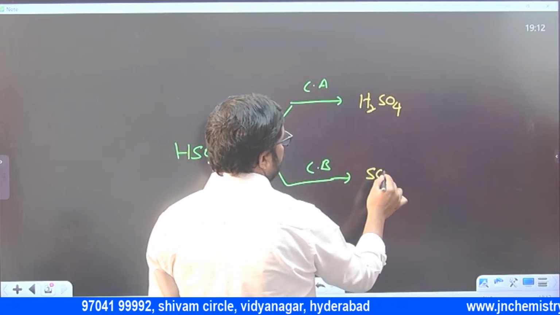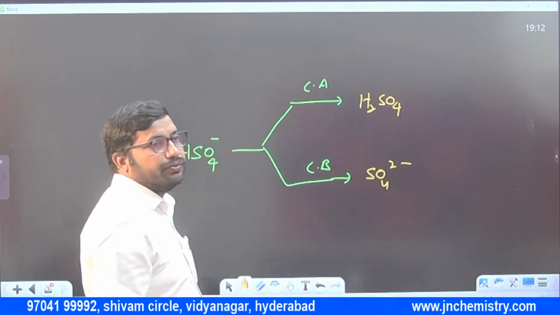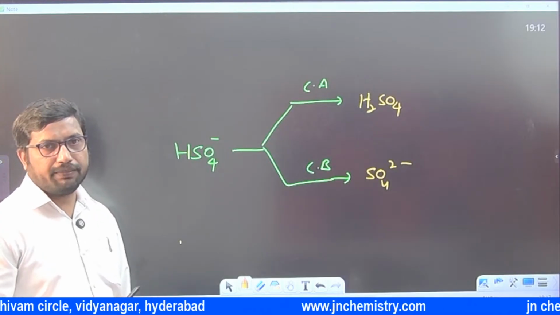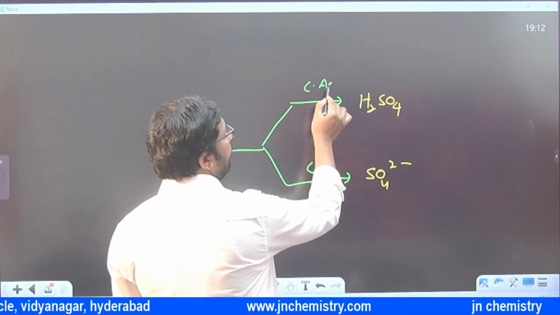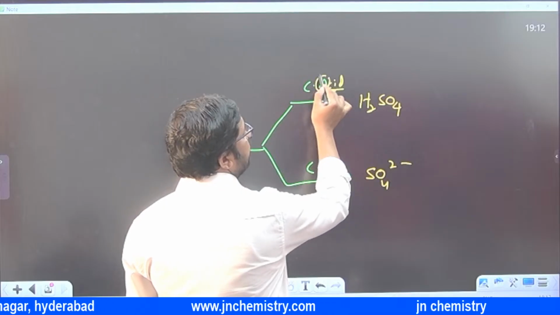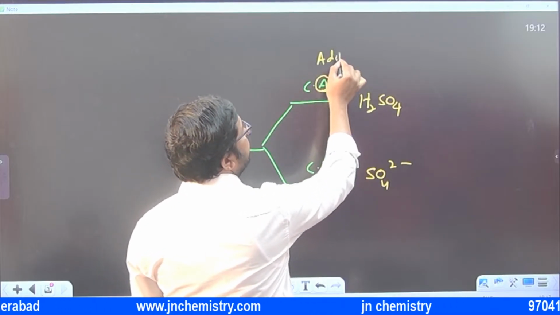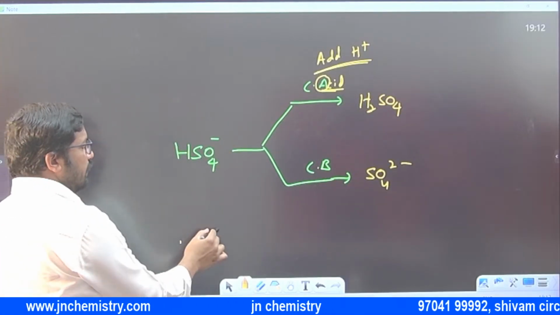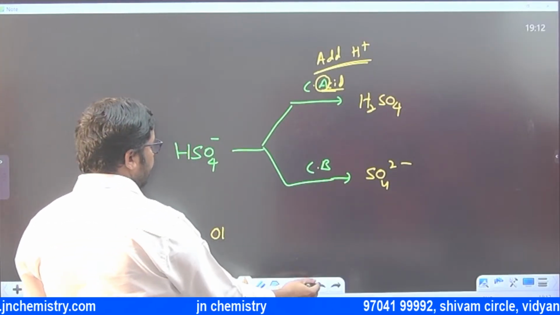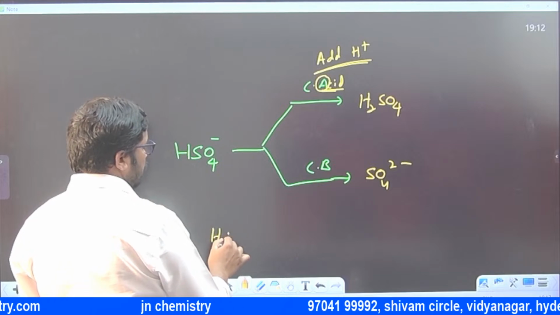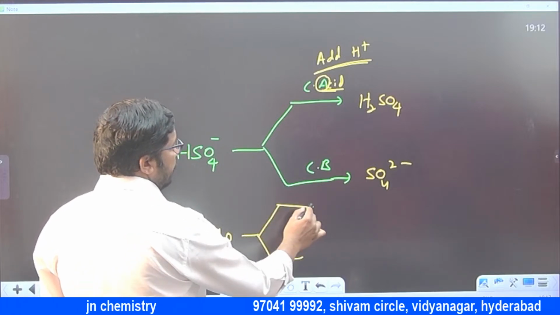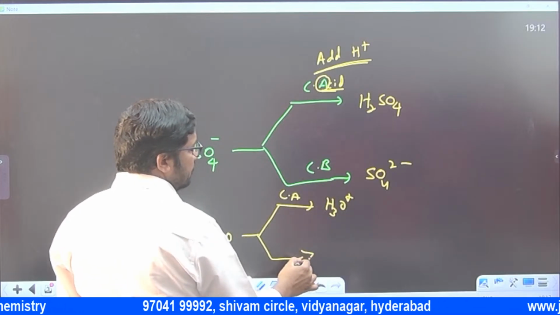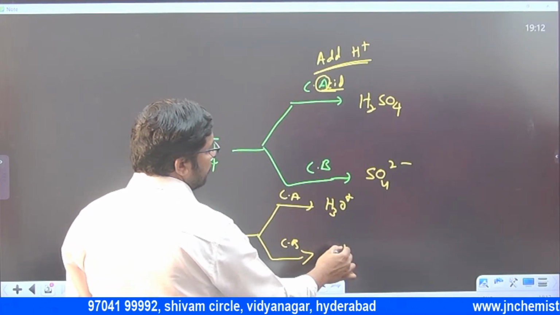And conjugate base SO4 2-. I told you how to identify the conjugate acid and conjugate base: in acid, add H+. Like for OH-, otherwise directly we take H2O. What is its conjugate acid? H3O+. Conjugate base OH-.